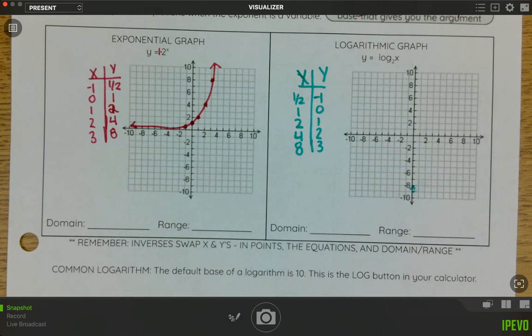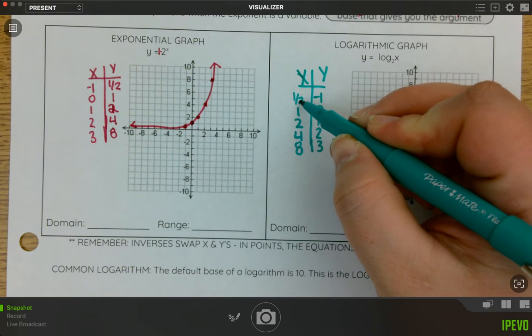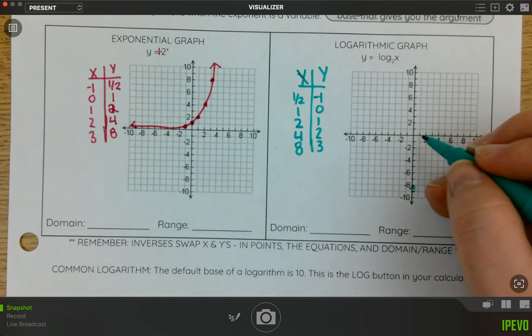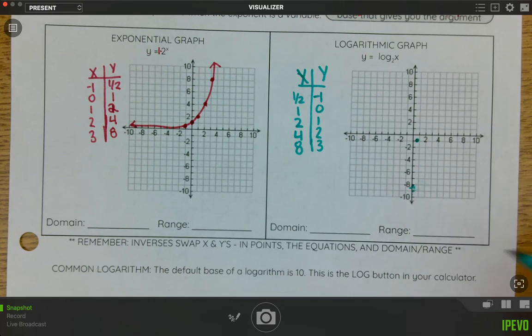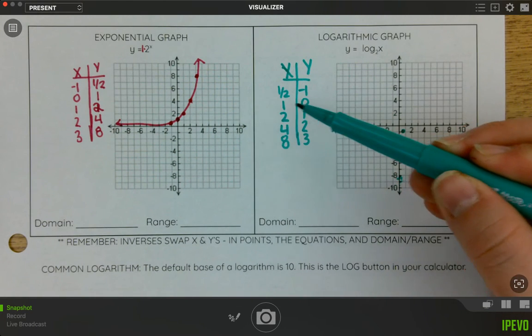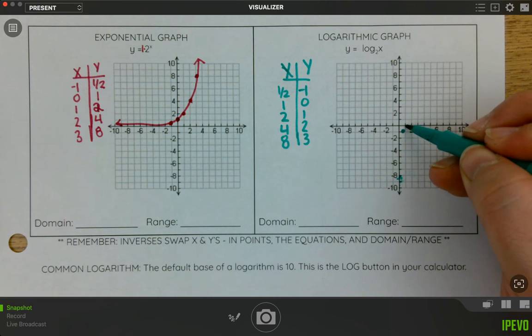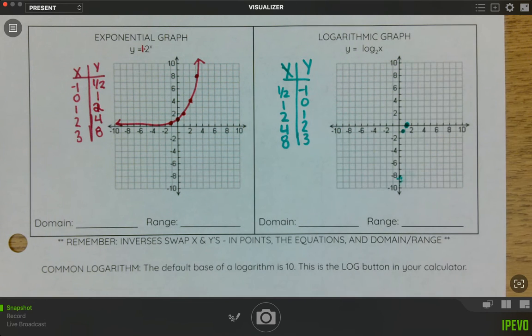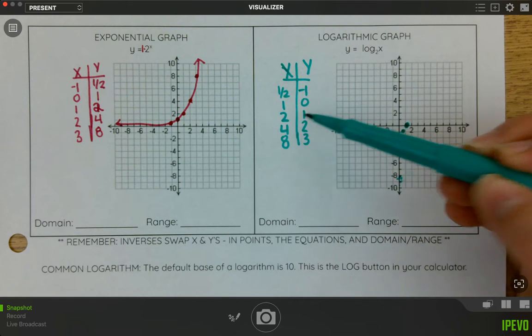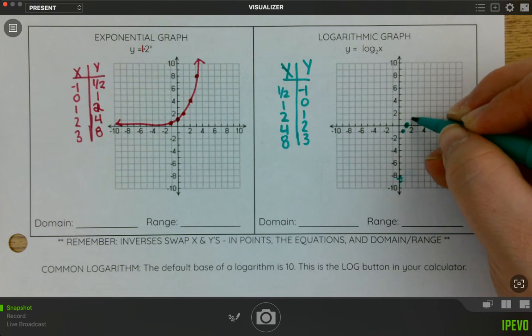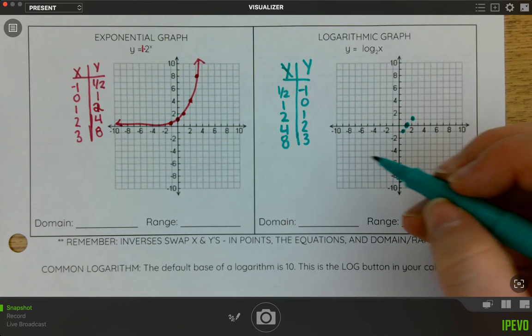And if I go to put those on my graph, I'm going to go over 1/2, down 1. I'm going to go over 1, up 0. So my y-intercept has turned into my x-intercept. I'm going to go right 2, up 1. So I'm just graphing these new points.